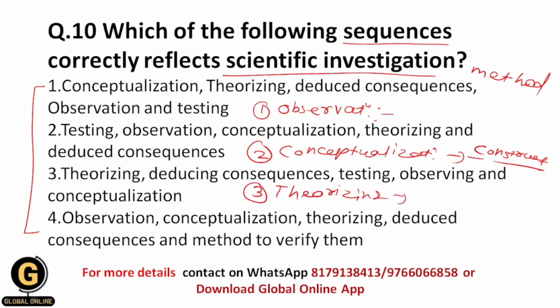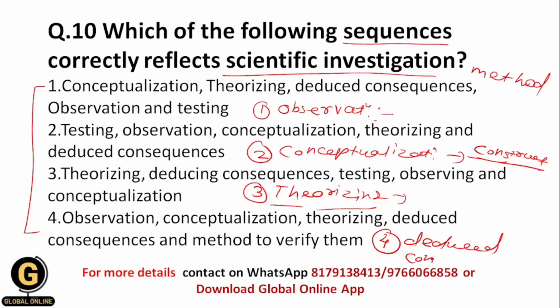Theorizing means we connect these concepts to the existing theories, and based on those theories we give our assumptions. Fourth is deduced consequences.